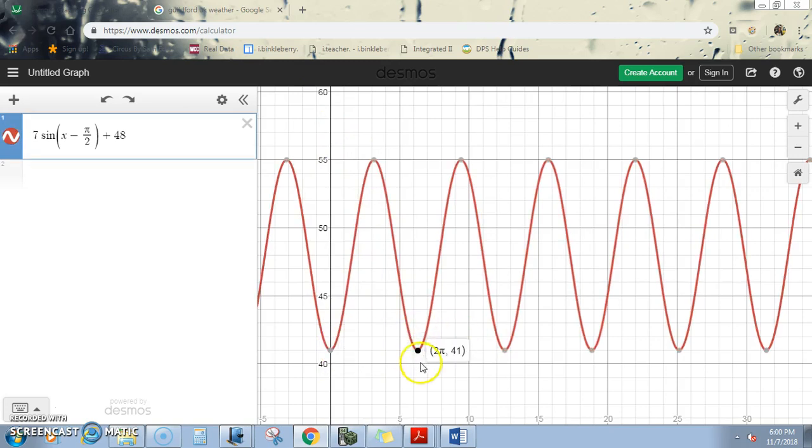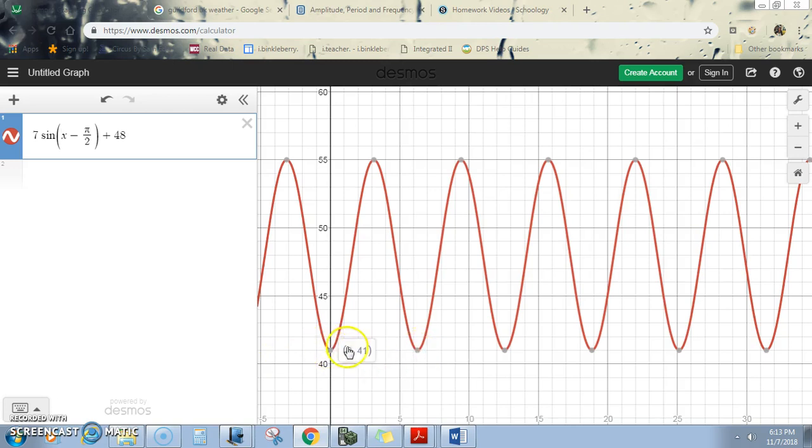It says 2 pi, but what we really need that to be is 24 hours. So we still have to convert those rotations to hours. So in order to do that, we're going to talk about our frequency and our period, right? Because in one complete circle, one rotation happens in a period of 2 pi, right?